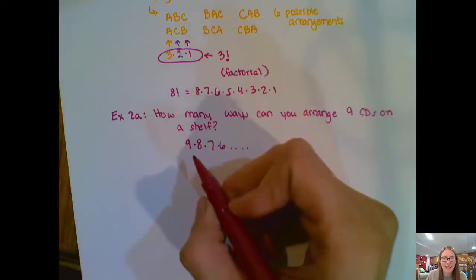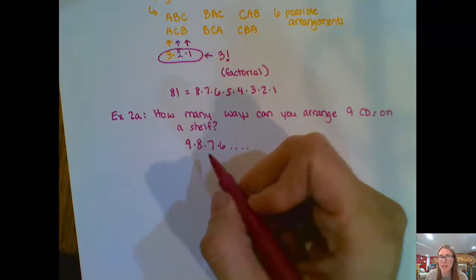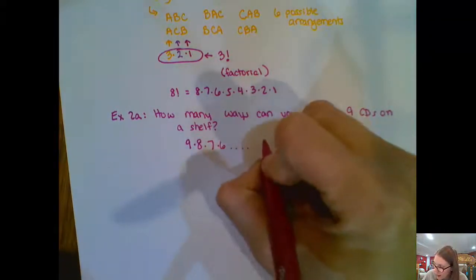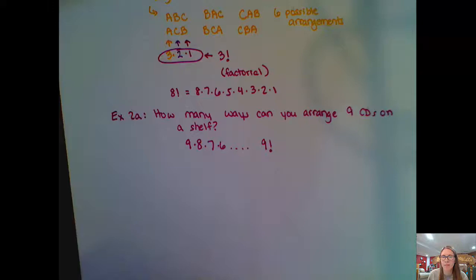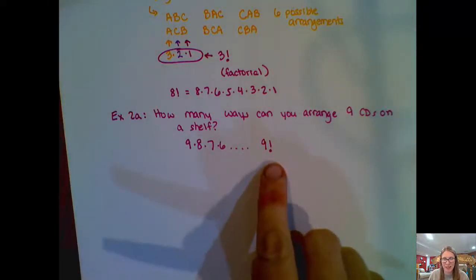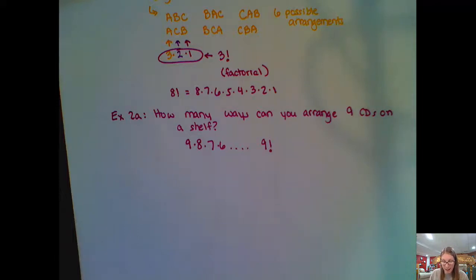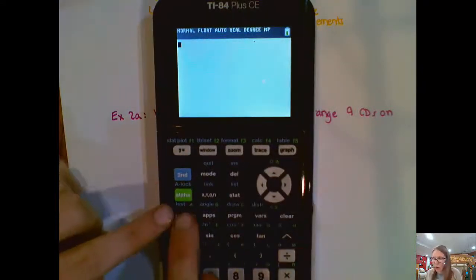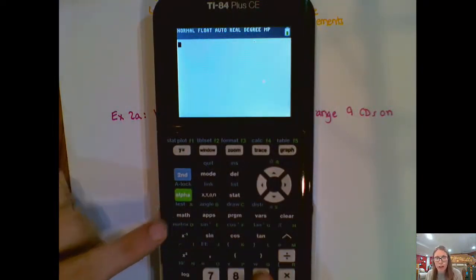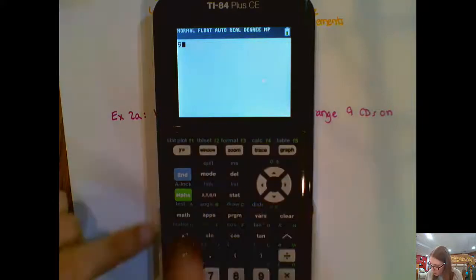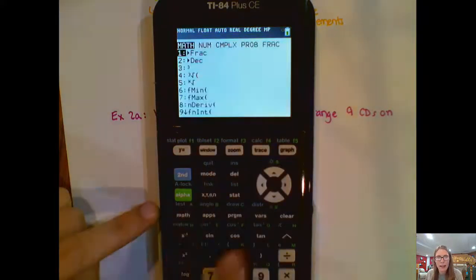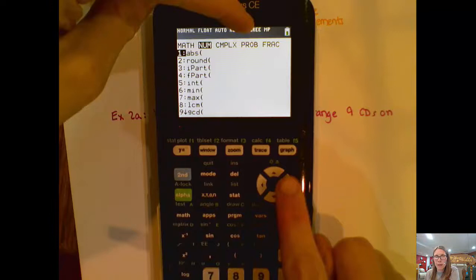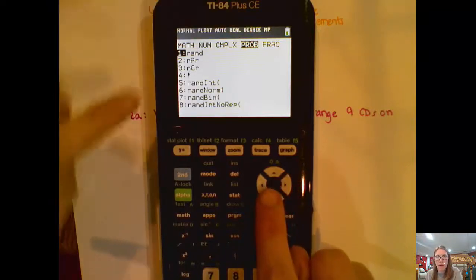So instead of writing this all the way out, 9 times 8 times 7 times 6, we could just write 9 factorial. And we can type this in our calculator. 9 factorial we can type in. Again, instead of having to do 9 times 8 times 7 times 6 all the way down. On our calculators, if you look at this math button here, or I'm going to hit the 9 first. So hit the 9, and then if you click math, go over to probability here, the prob at the top.